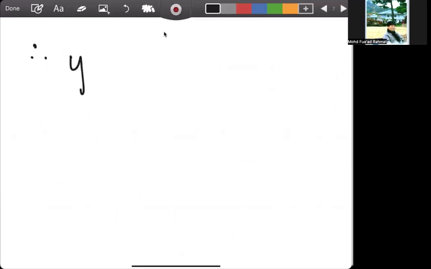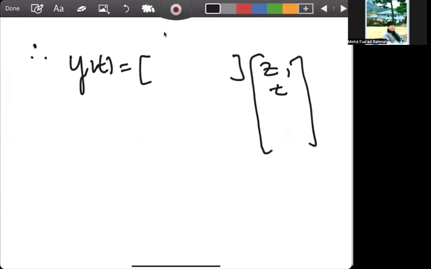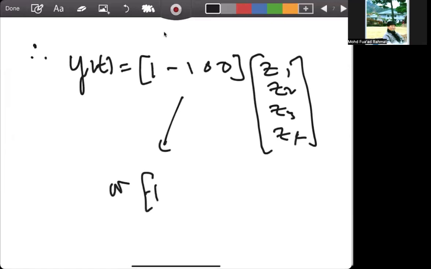So y of t, the output, is Z1, Z2, Z3, Z4 multiplied by 1, minus 1, 0, 0, or also the reverse can be used.